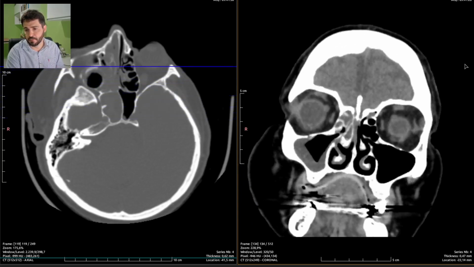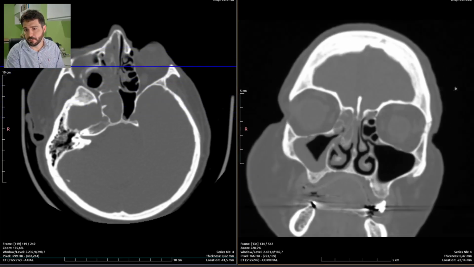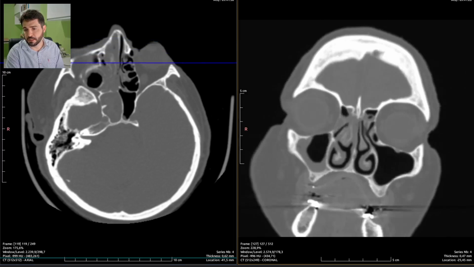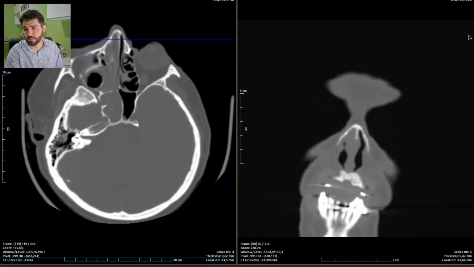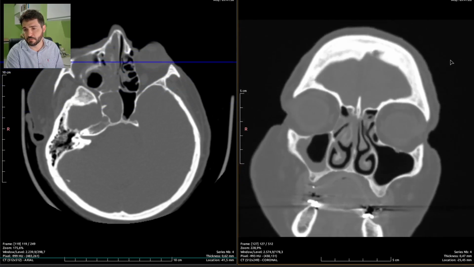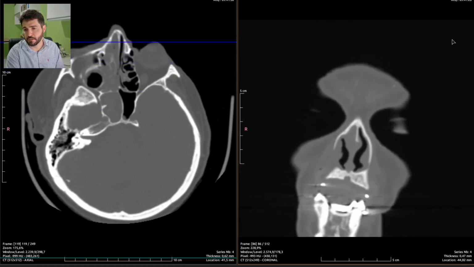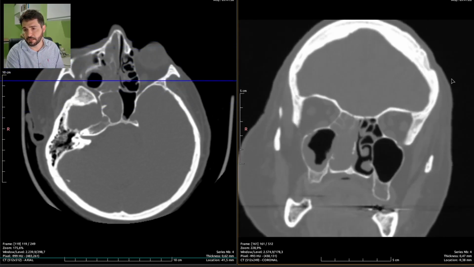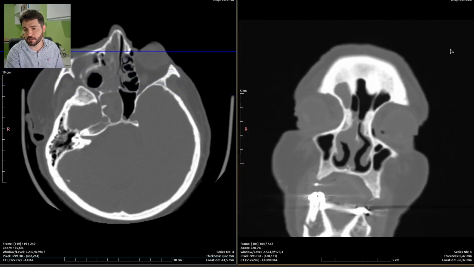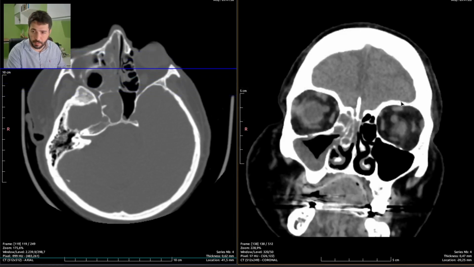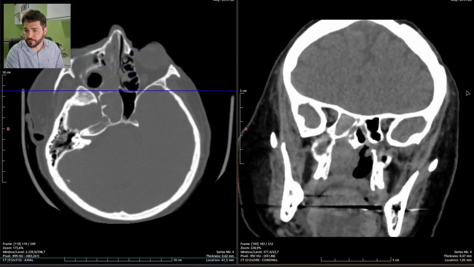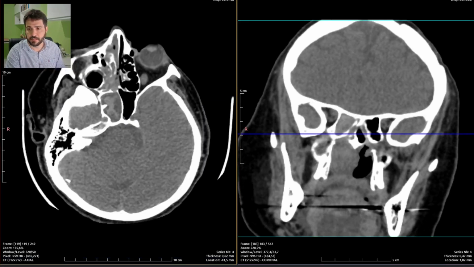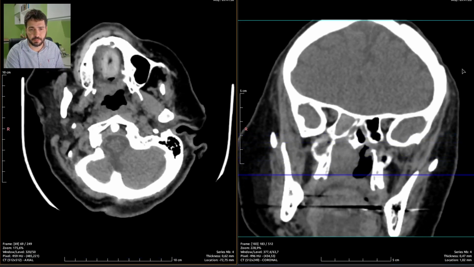So the sinus cavities and the nasal cavity on the left are much better, but they still have signs of acute disease, not chronic but acute disease. And the orbits are fine. Let's see the masticatory spaces.